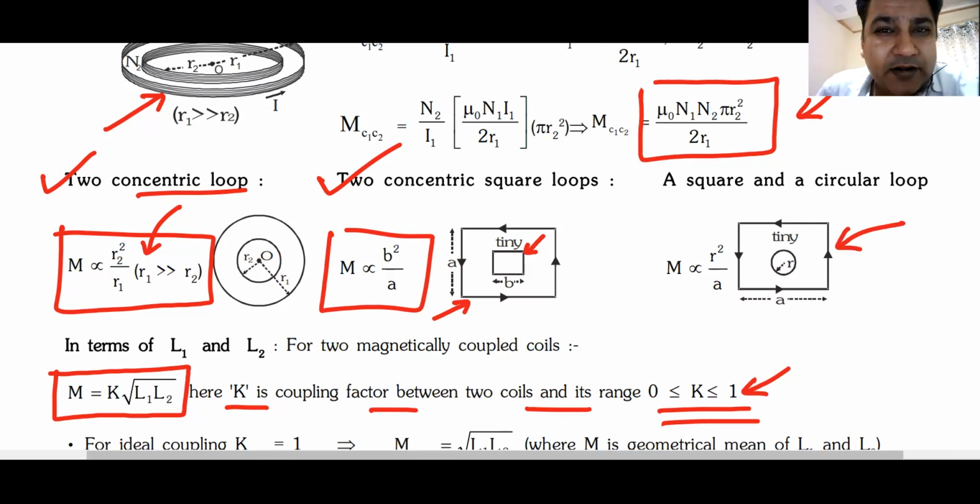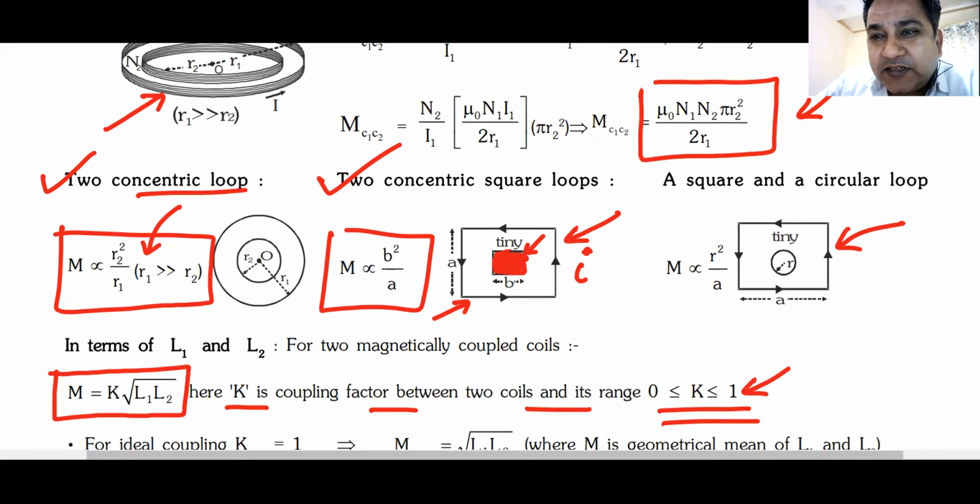Whether it's a square or a rectangle or a triangle, you will find a magnetic field at the center. You will flow current in the outer coil and find the flux through the inner coil. How will you find the flux through the inner coil? You will find the magnetic field at the center of this.